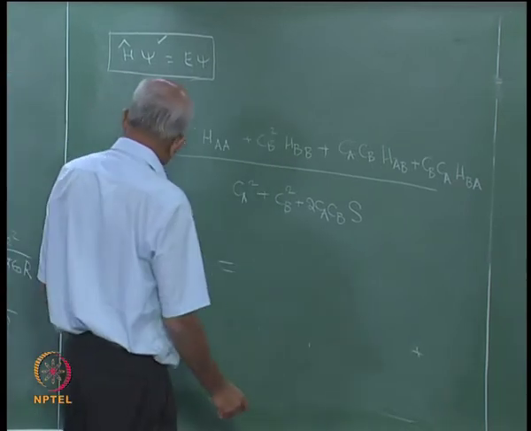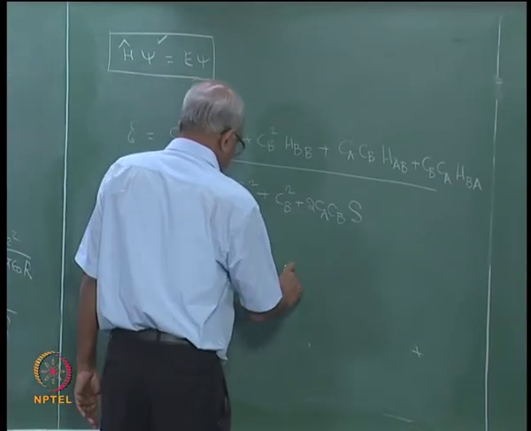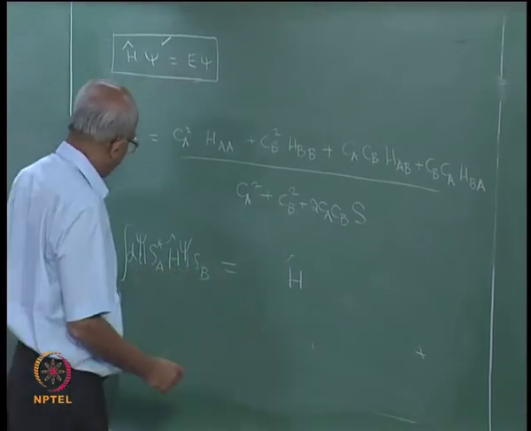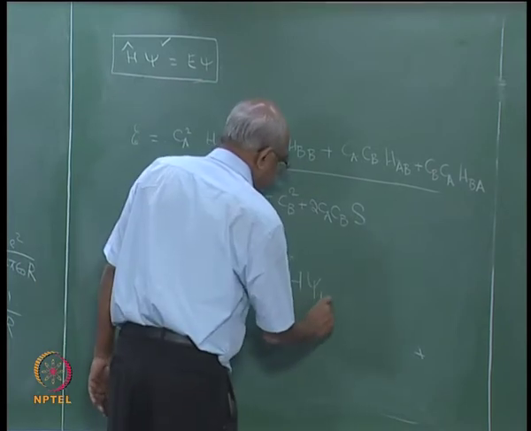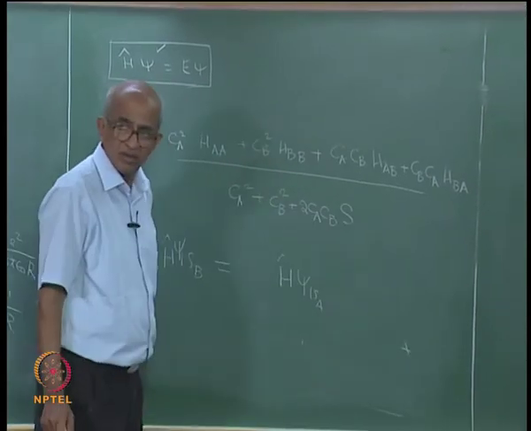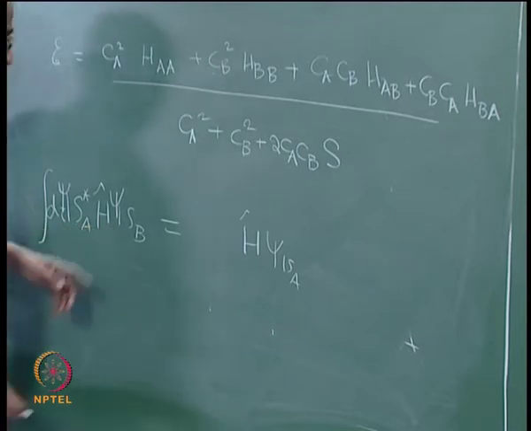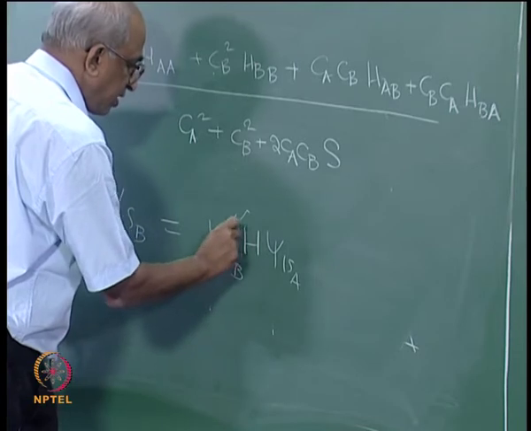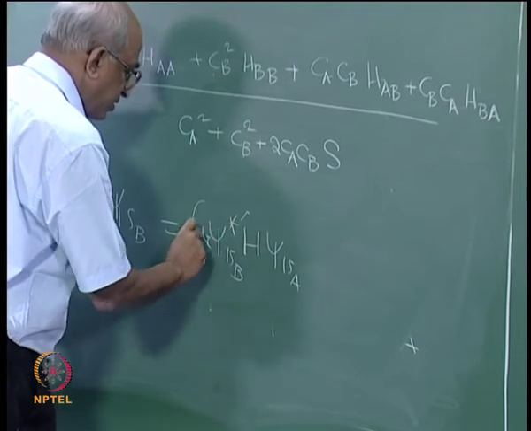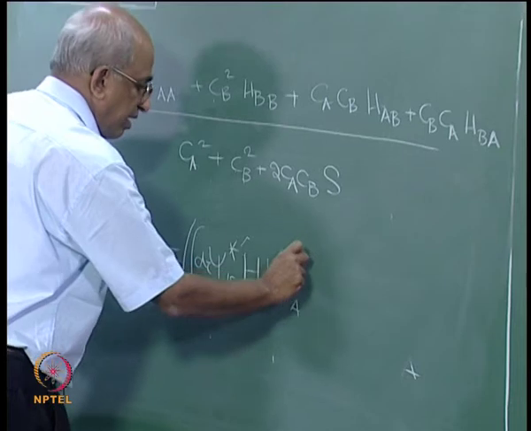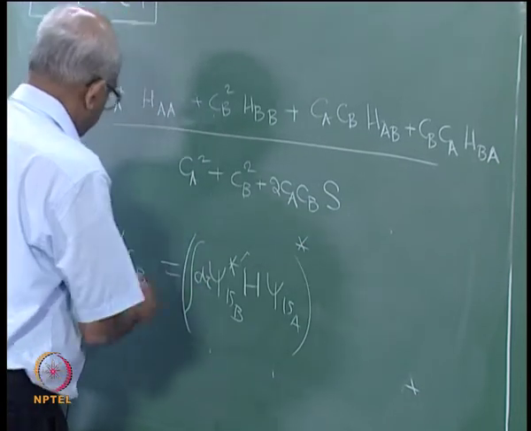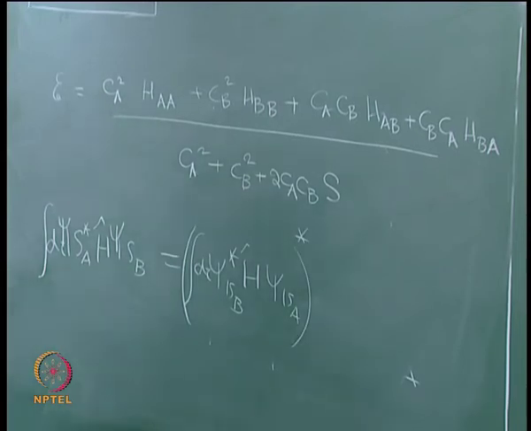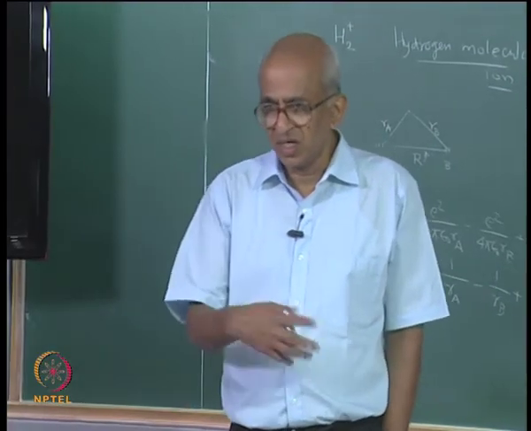So I can say this is equal to H. Instead of H operating upon psi 1SB, it can operate upon psi 1SA, and I will multiply it by psi 1SB star and the volume element d tau, integrate over the entire space and take its complex conjugate. This is what follows from the fact that H is a Hermitian operator, something that we have been using.